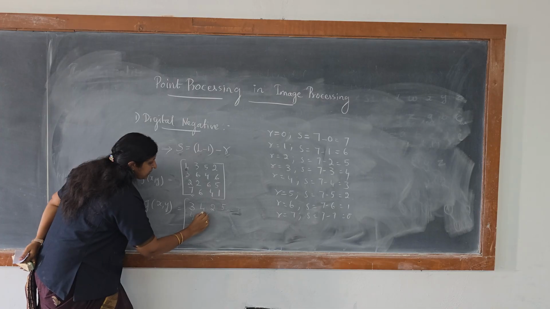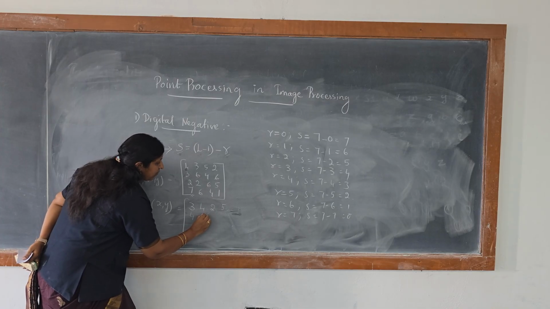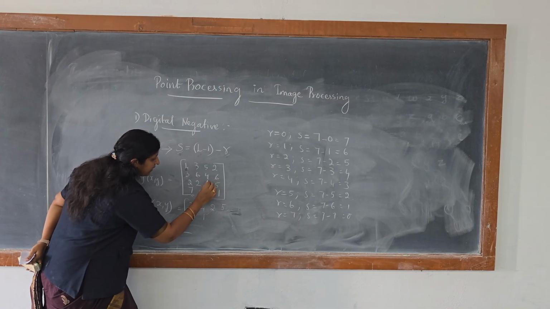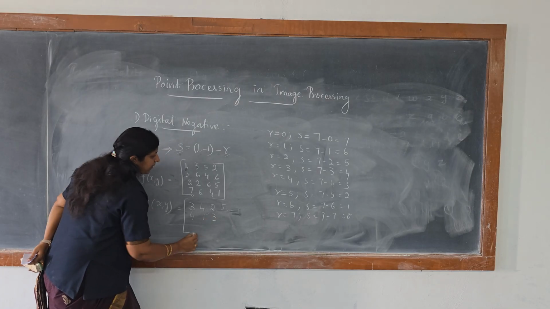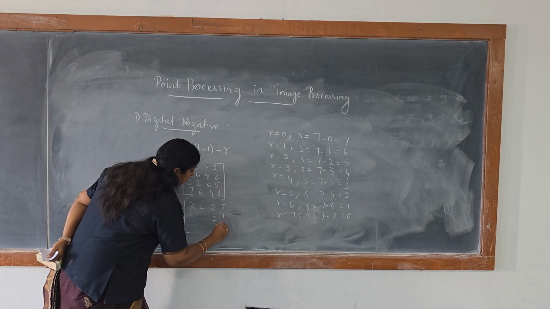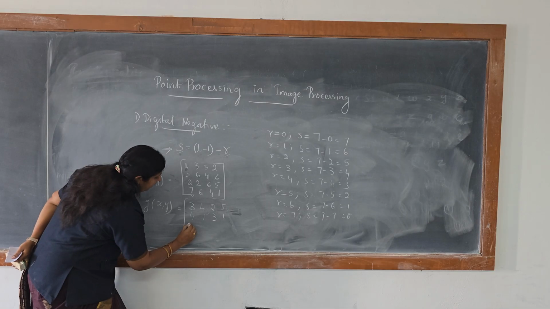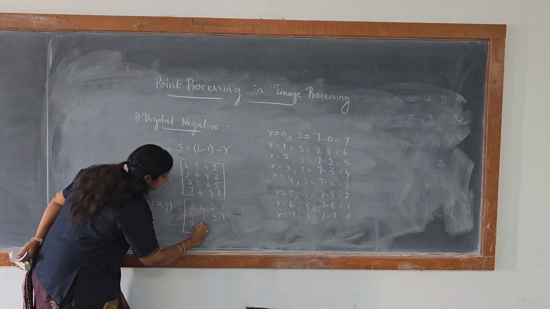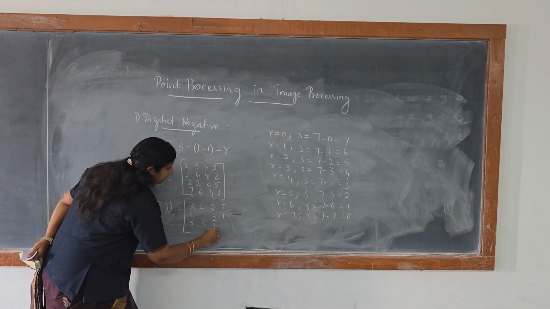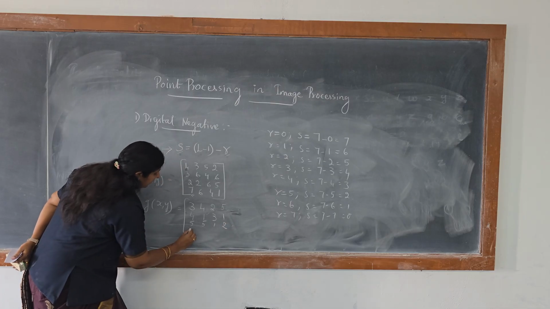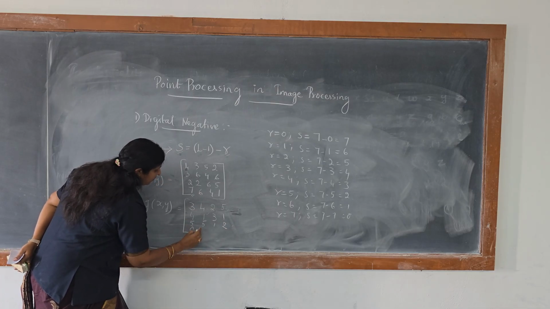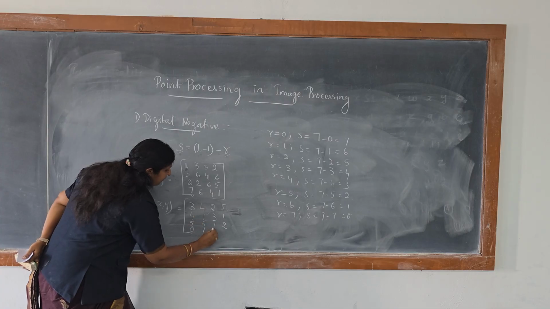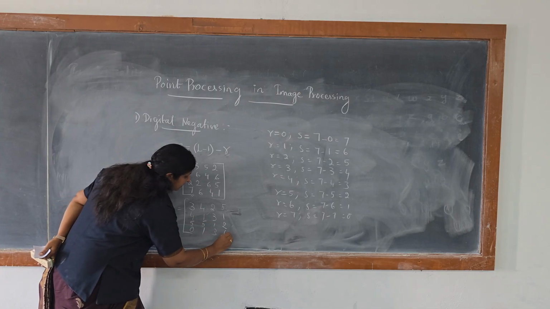If R is 6, then S value is 1. Then 4, 3, then 6 will become 1. 2, it will become 5. Again 2, it will become 5. 6, 1, 5, 2. And 7, 0, 6, 1, then 4, 3, 7, 6.